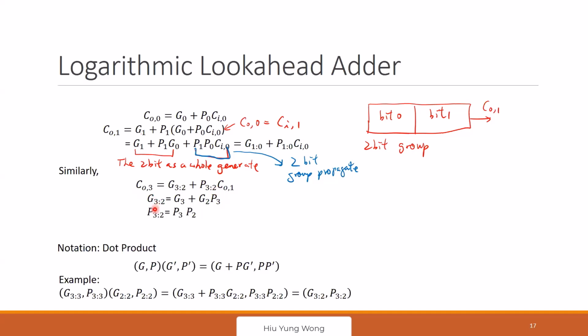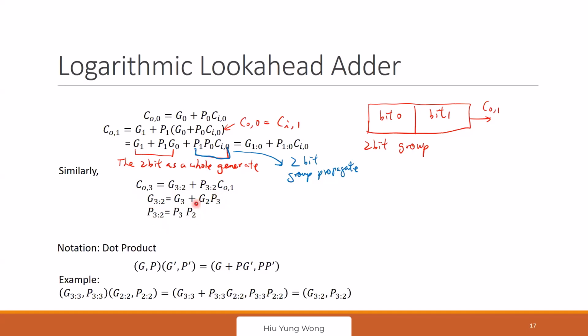Okay, so if you break it, G32 is just G3, bit 3 generates, or bit 2 generates and bit 3 propagates. Then the whole team generates, and this is the propagate.